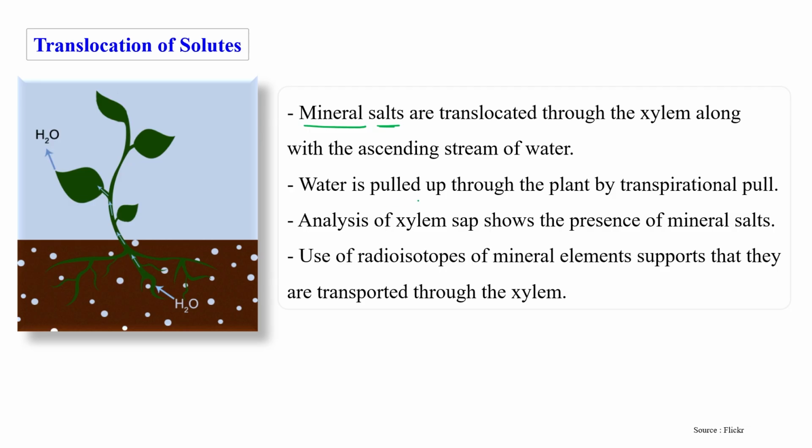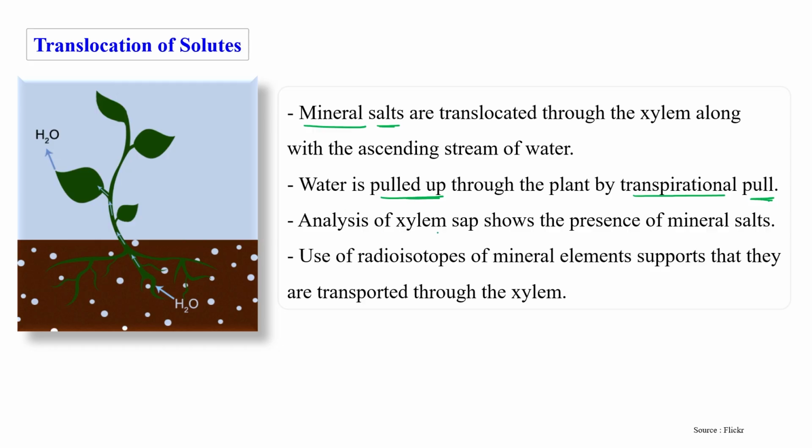The water is pulled up through the plant via transpiration pull, because transpiration is a continuous process. Water is lost by the leaves, so the root continuously absorbs water from the soil. So with this transpiration pull, water is pulled up to the other parts of the body via roots.